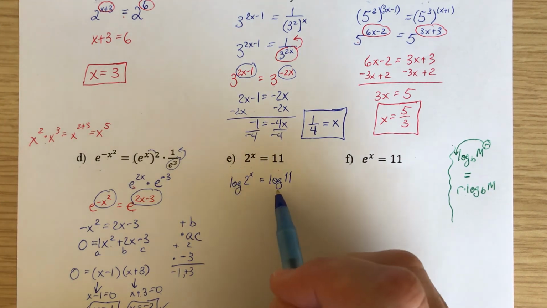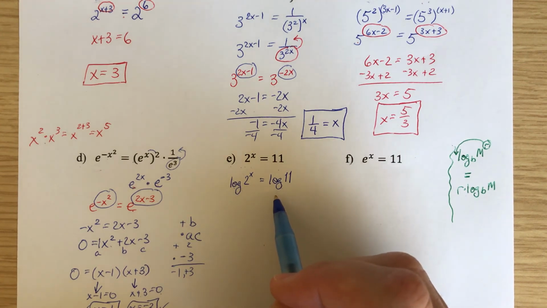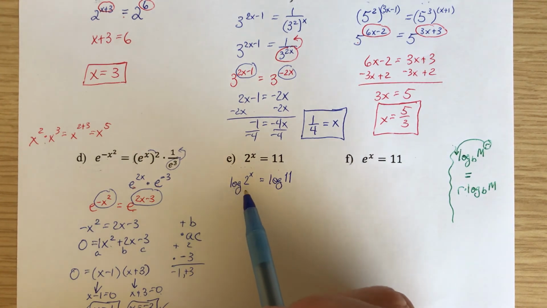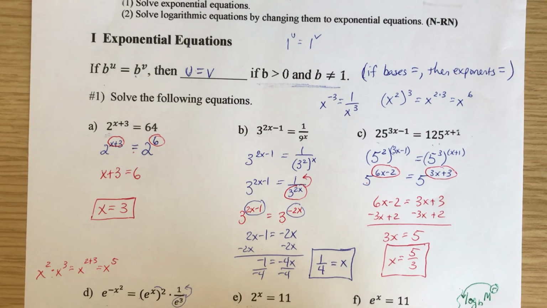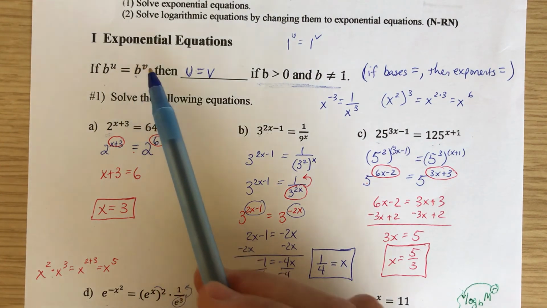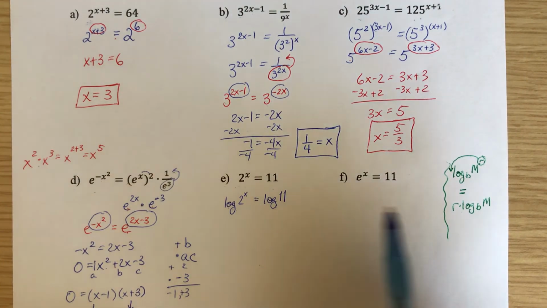So that's base 10. Remember that if you don't put a number there, that is a base 10. Now if we have the same base, think about this rule with exponents. If the bases are equal, then these exponents are equal. The same thing happens here.